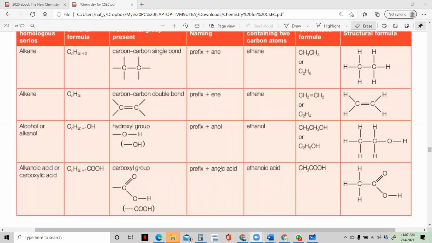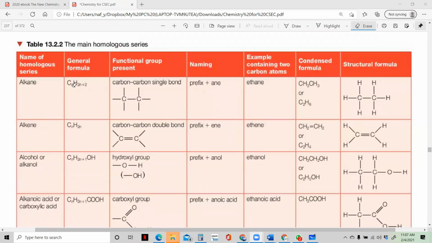All right, now we're going to move on to using the general formula. We're going to use a general formula to come up with the specific molecular formula for some organic compounds. Let's go with alkanes first.